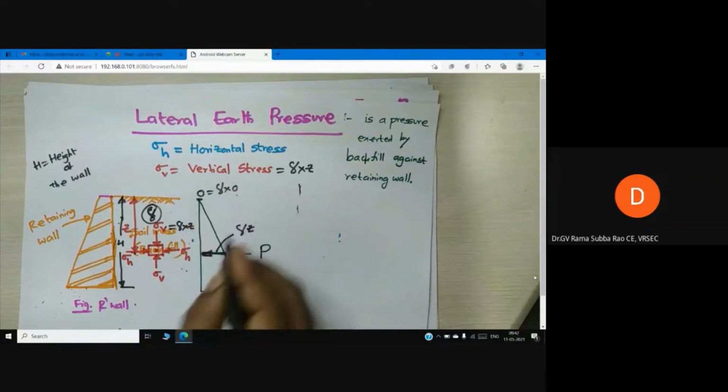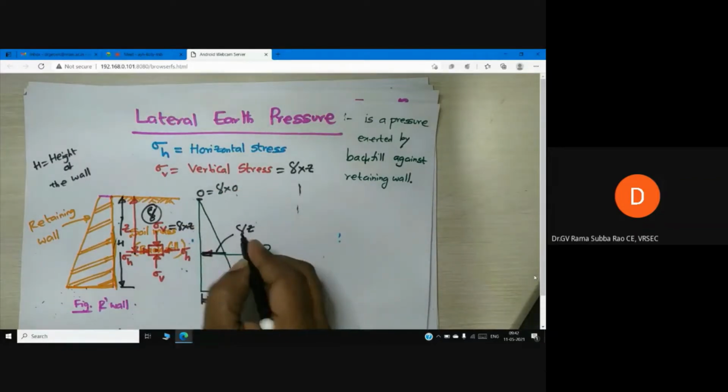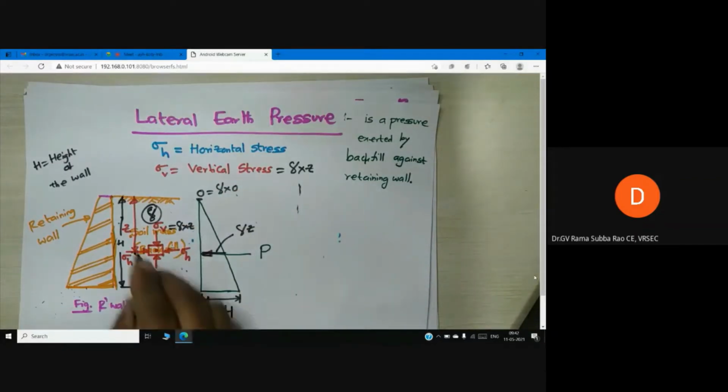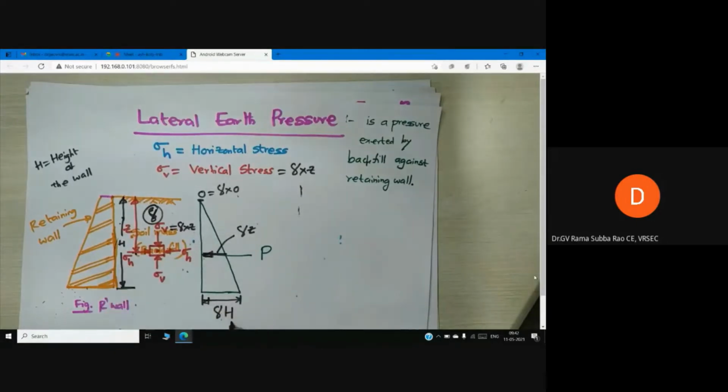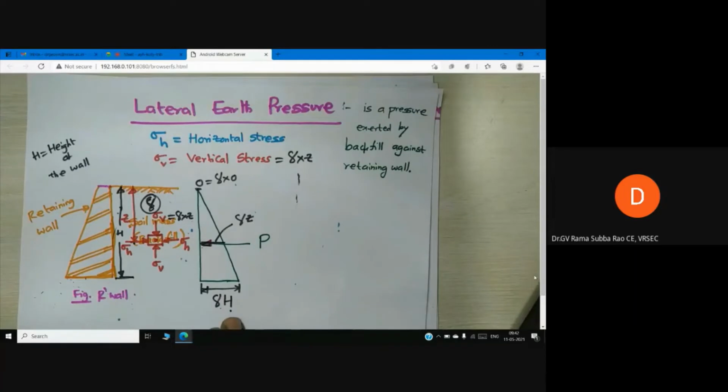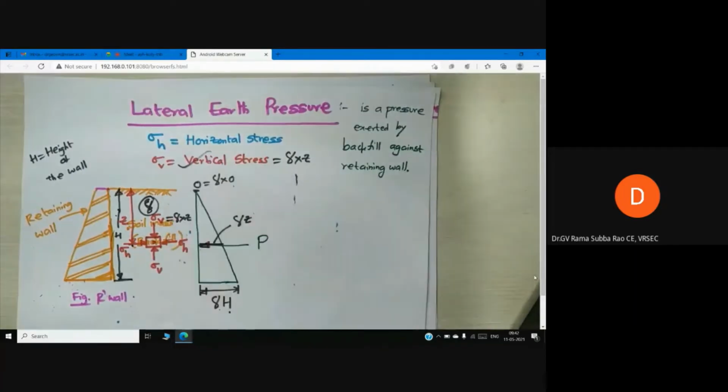At any depth z, gamma into z. At depth z equal to H, that is at the base of the wall, gamma into H. Now our discussion is about vertical stress, but we want horizontal stress.